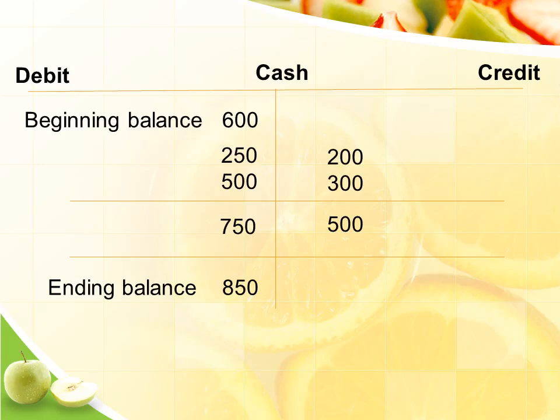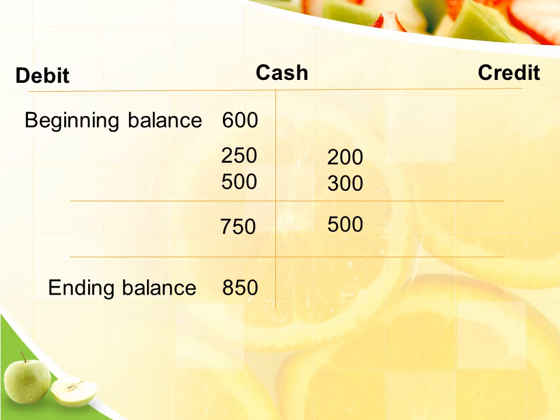Then, during the period, cash was debited for a total of $750, the sum of $250 and $500, and credited for a total of $500, the sum of $200 and $300. As a result, cash has a debit balance of $850 at the end of the period.